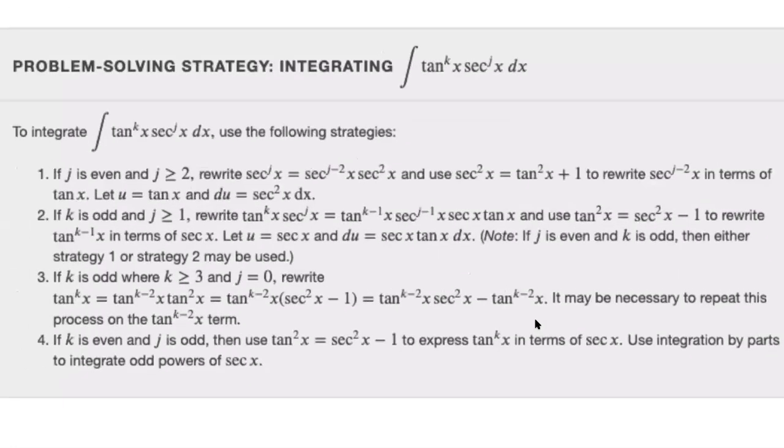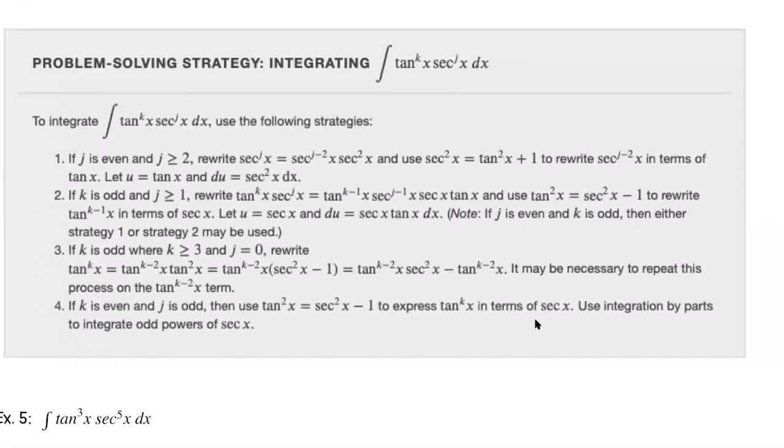Okay, so again, the k in this case is talking about powers of tangent, and the j is talking about powers of secant. It doesn't really matter what letters you use as long as you know that you're looking at the power of tangent versus the power of secant, okay? And so we have a few rules here.